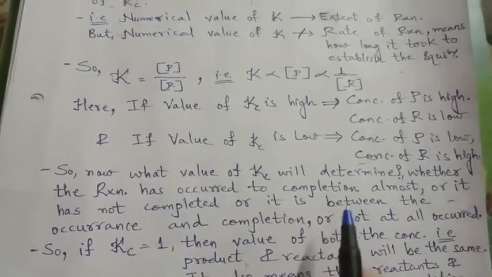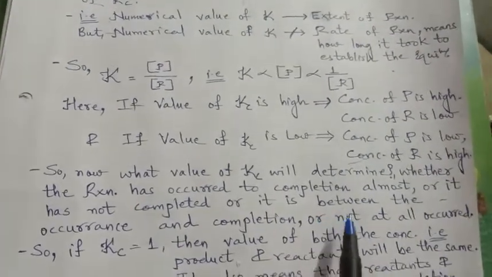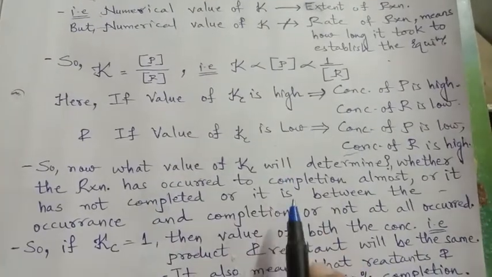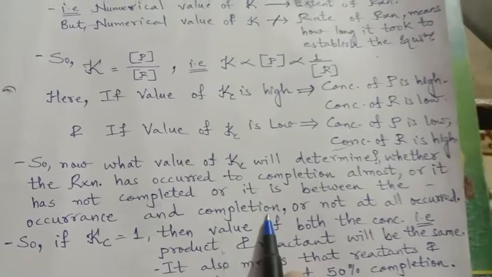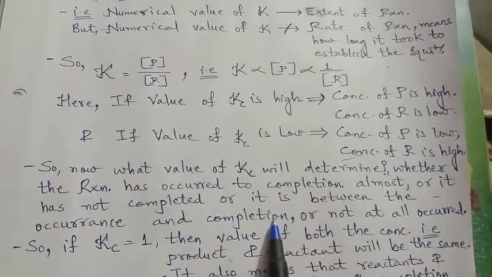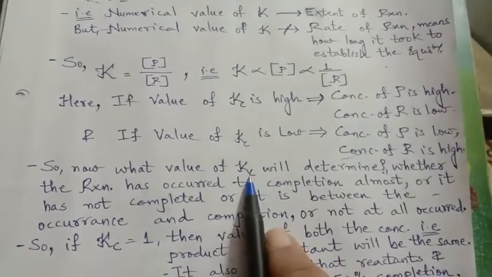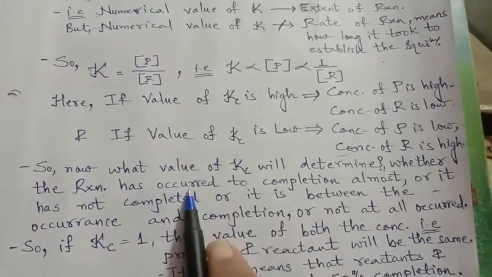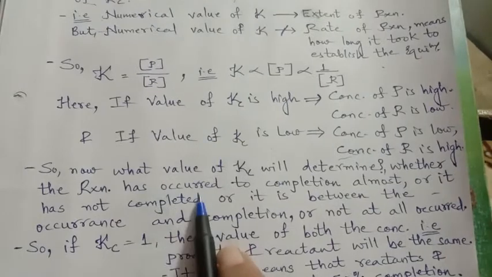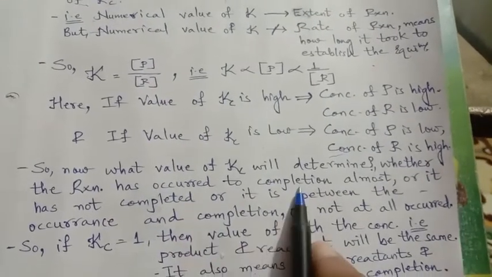See, this is the extent. Now you will get the idea of the meaning of the terminology extent. Extent means the value of Kc will determine whether the reaction has occurred, that means whether the reaction has started and is almost to completion.